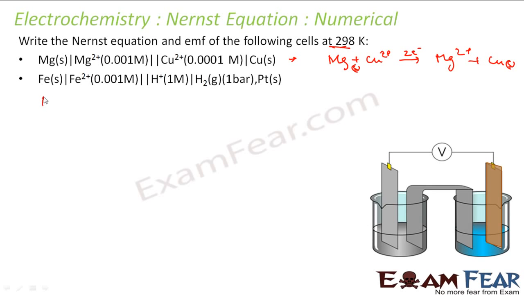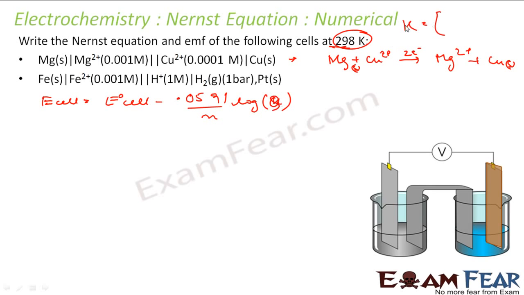So for this equation I can write E cell is nothing but E naught cell minus, since it is happening at 298 Kelvin, you can use this shortcut equation 0.059 by n log of Q. Q is nothing but concentration of Mg2 plus, concentration of copper solid, that is almost 1, divided by concentration of Cu2 plus, concentration of Mg solid. This is 1, this is 1. So that is my Q.